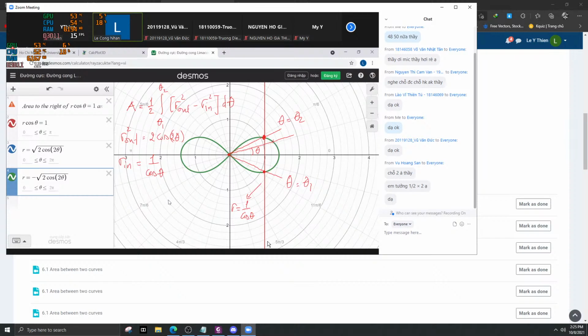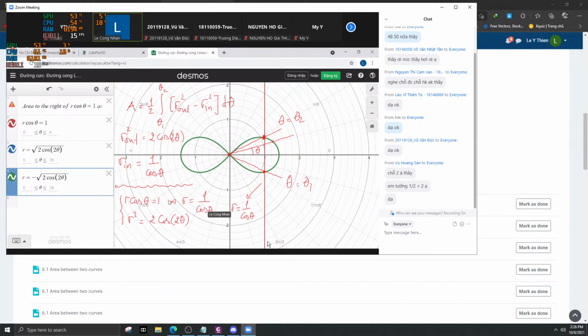To find the intersection points, we solve the system: r times cosine of theta equal 1, and r squared equal 2 times cosine of 2 theta. To solve this system, we substitute r equal 1 over cosine of theta from the first equation into the second equation.